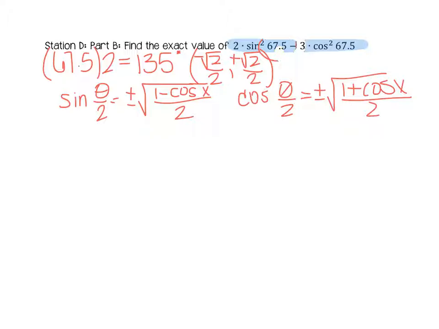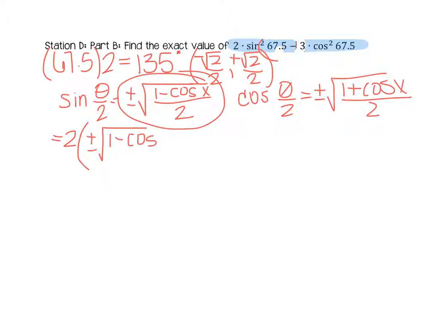All right, so I'm going to go ahead and start plugging some things in. I know that I've got 2 times this thing right here. So 2 times plus or minus root 1 minus the cosine of 135 degrees divided by 2.